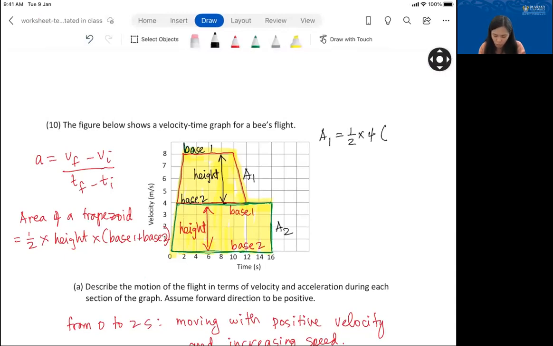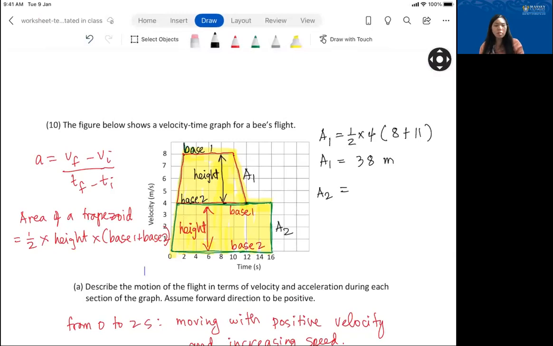Base 1 goes from 10 seconds to 2 seconds, so that will be 8 seconds, plus base 2 goes from 12 seconds to about 1 second, so that's a length of 11 seconds for base 2. That will give you an area for trapezoid 1 of 38 meters. The area will give you displacement, and that's measured in meters.